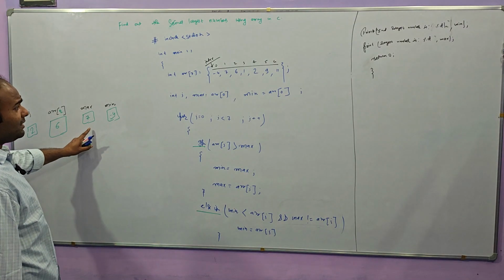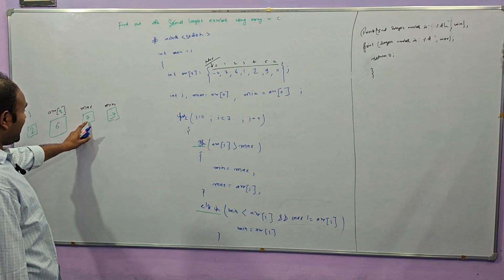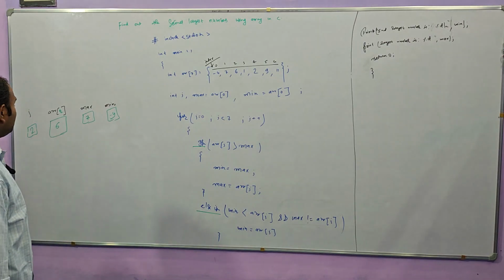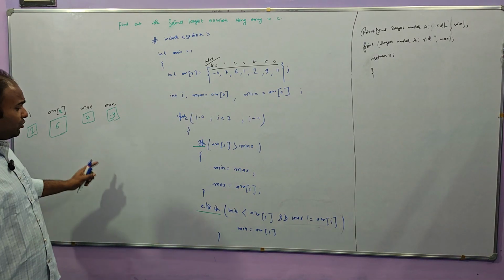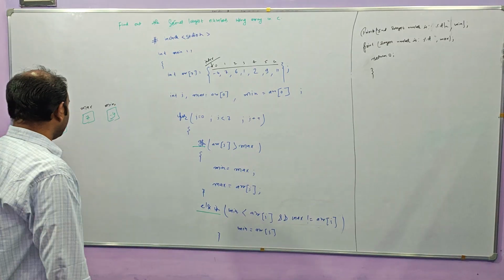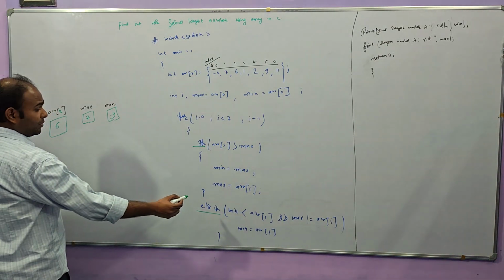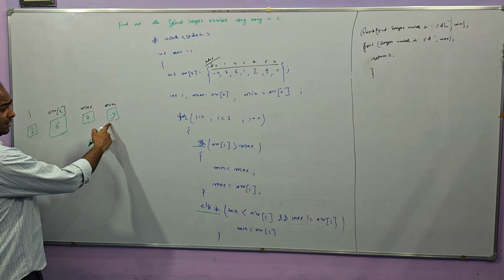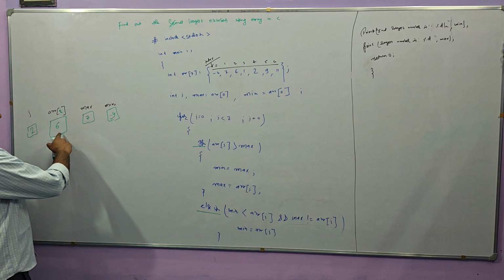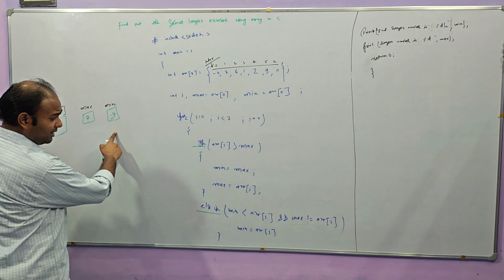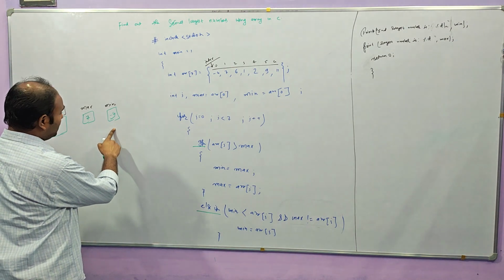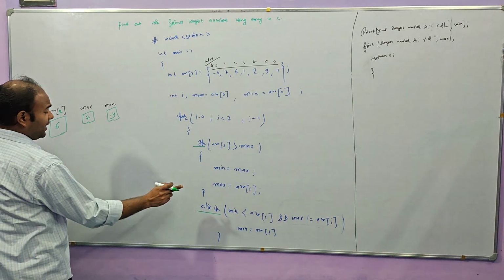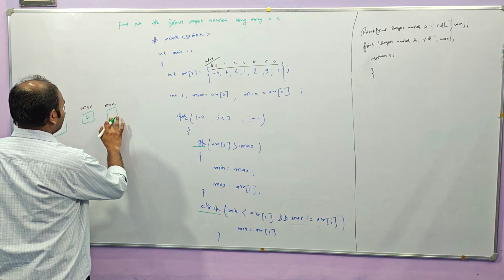Is 6 greater than max 7? No, 6 is not greater than 7. So we check the else condition. Min -4 is less than 6, yes. So min is equal to ar[i], that is 6.